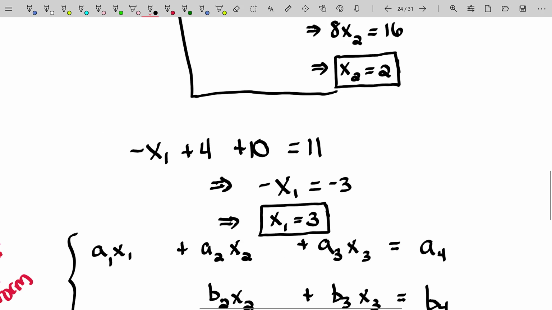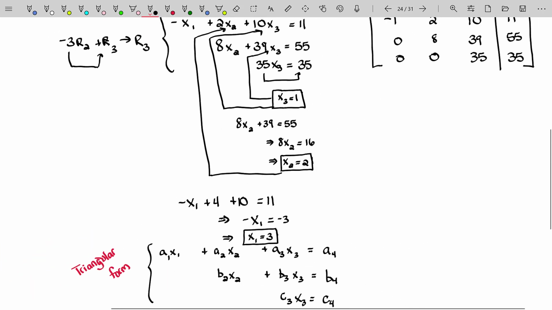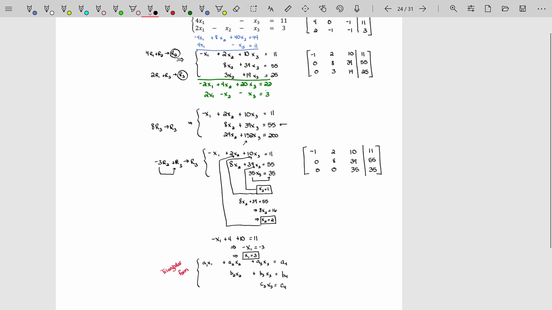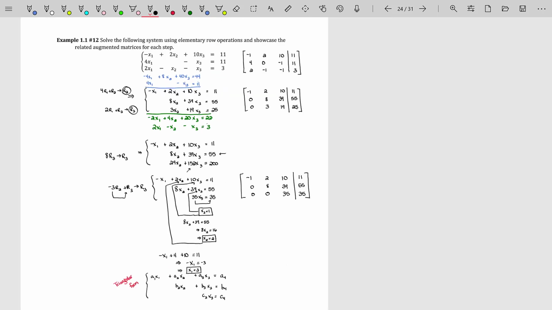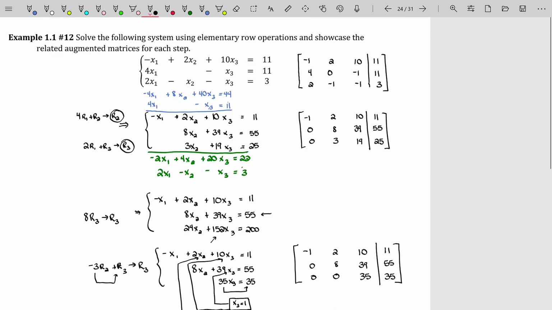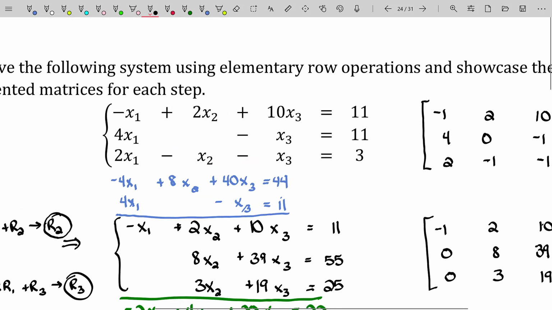Check your solutions. I'm saying that because I actually did a little dinky arithmetic mistake in here, and when I went to check my answer, I quickly noticed it was incorrect. Luckily, my mistake only happened in one of the last few steps, so it's very easy to correct. However, it's critical that you check your work.